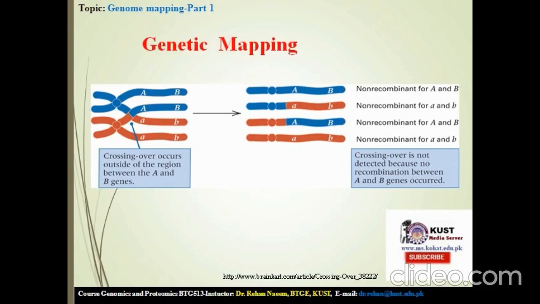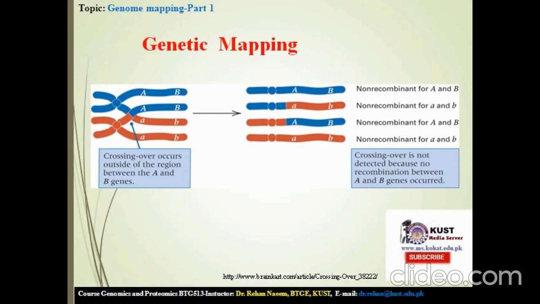So genetic mapping can also be determined by using recombinant types. If the recombinant type is more, it means recombination is more. If the recombinant type is less, that means recombination is less.